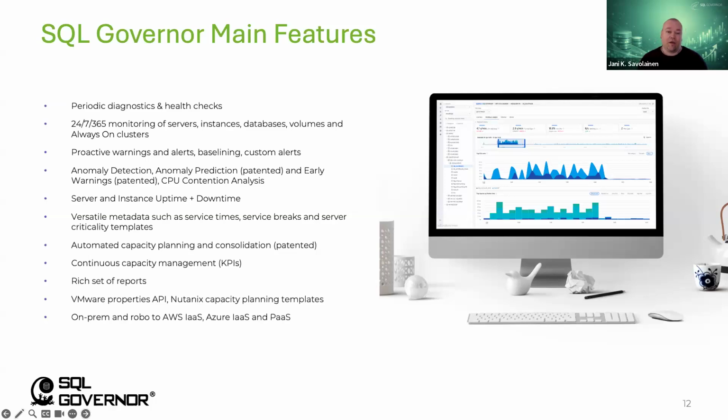So if there are availability groups, how they are working, how the data is relayed from the AG to the second replica, and so forth. Then there are different kinds of proactive warnings and alerts, and baselining, of course, like what is the normal behavior of each server, instance, and database.